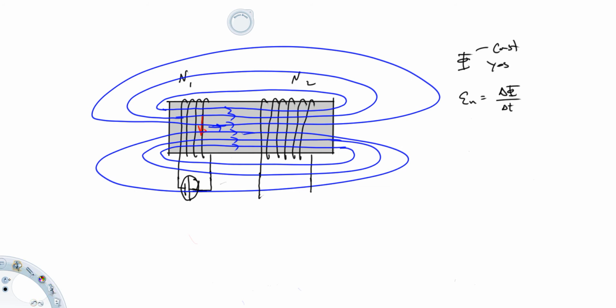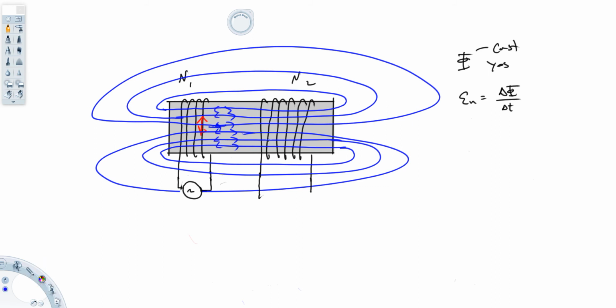Now, I asked my class, how could we change this to make it effective to get a voltage out, and everybody had a pretty good idea. We can change this to an AC voltage source. Because now our current is constantly changing direction, and our magnetic fields will now be constantly changing direction.